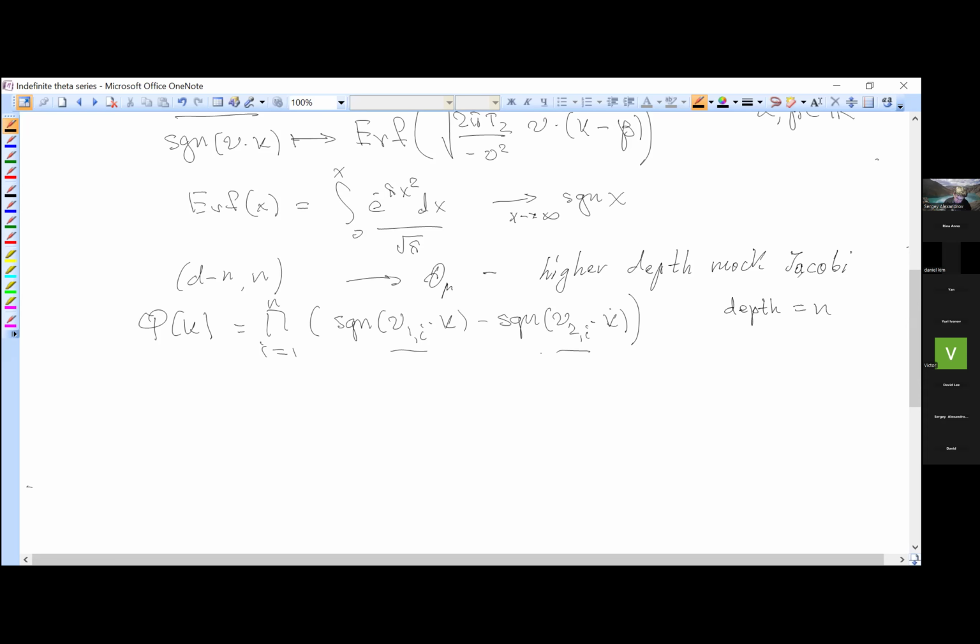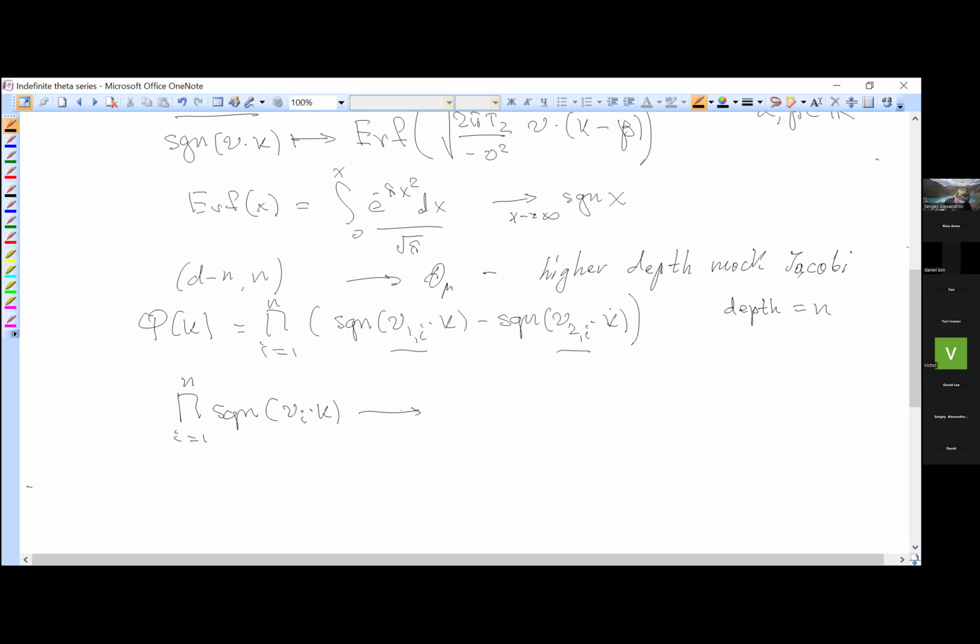Just expand this product of differences of signs. So you get a sum of monomials, and each monomial is a product of certain sign functions, like this, from 1 to n.